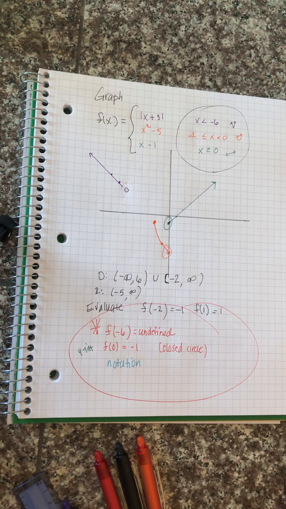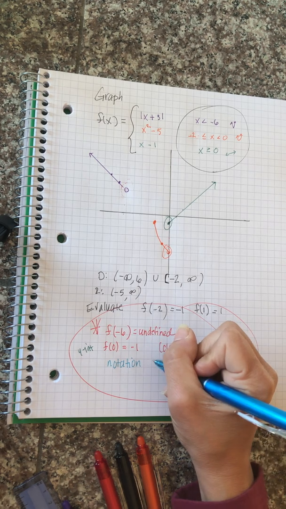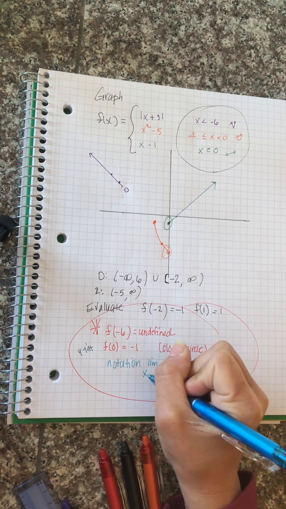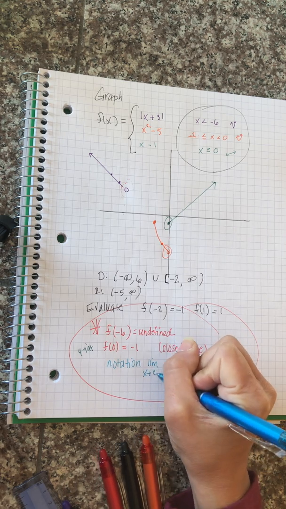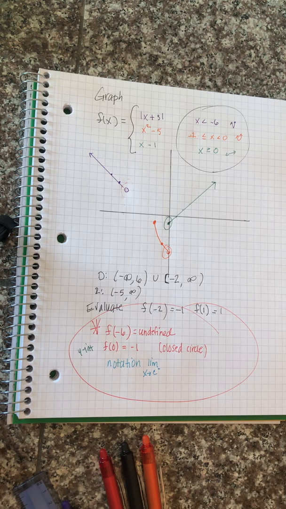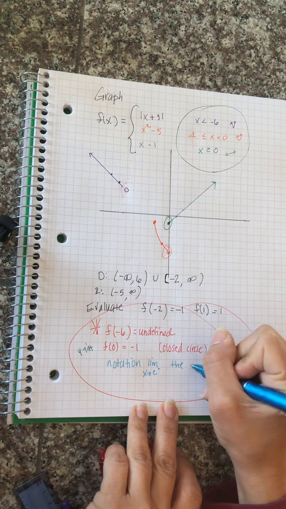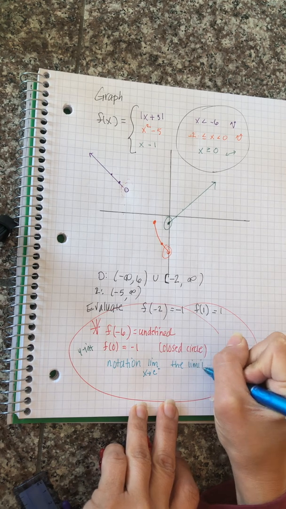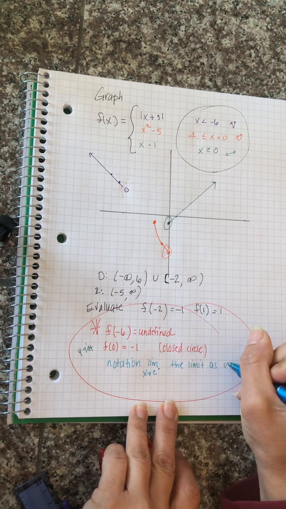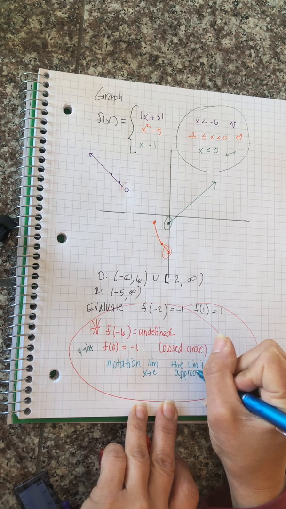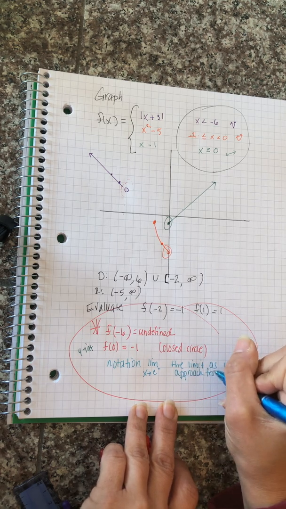The limit as x approaches c, and it has a superscript that looks like a negative sign. This is the limit as you approach from the left.